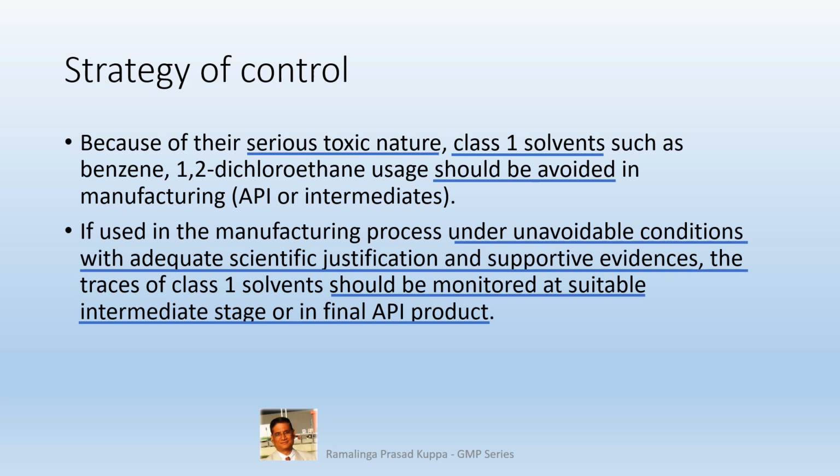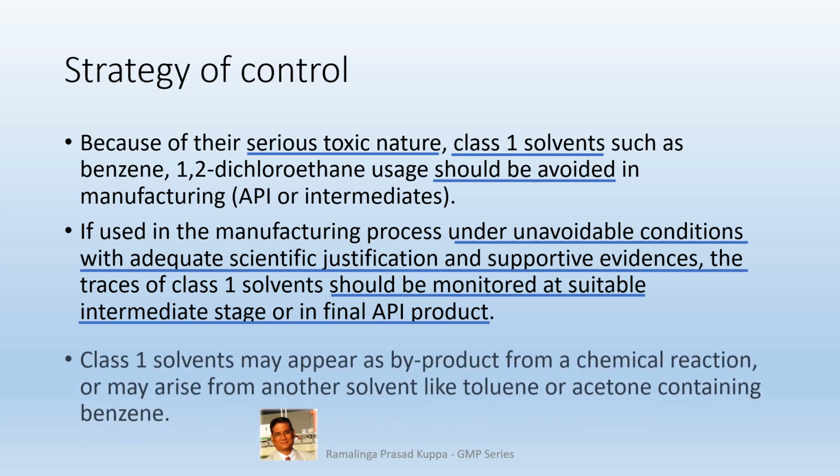Wherever it is necessary, the use and monitoring of the residual solvents should be detailed with justification. The remnants may be screened in the final product or at any suitable intermediate stage.